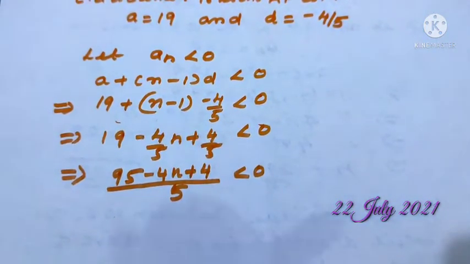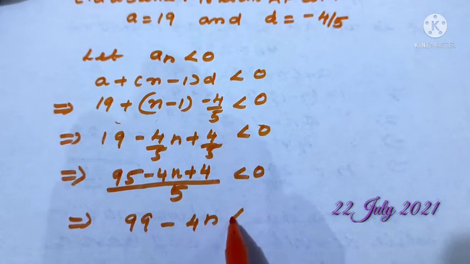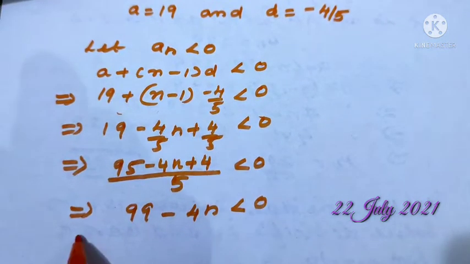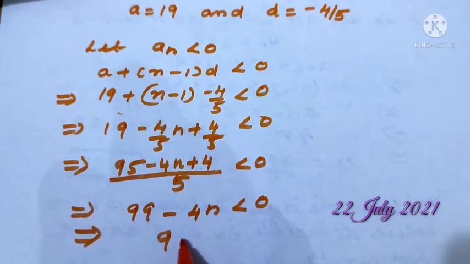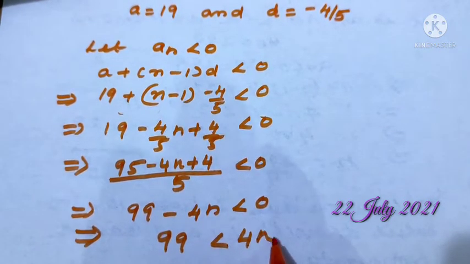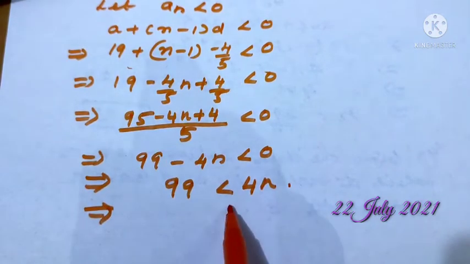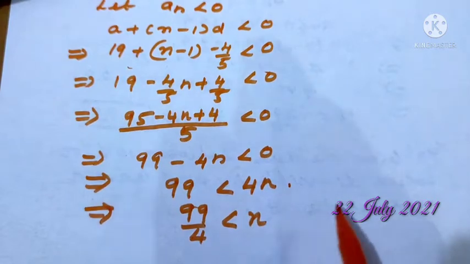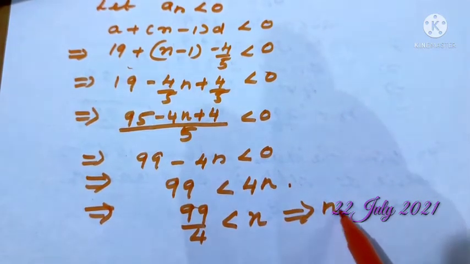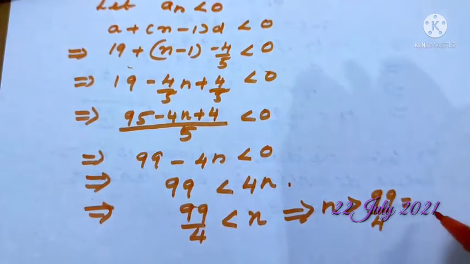That means 99 minus 4n less than 0 only. 99 less than 4n. So 99 by 4 less than n, or reading from this side, n greater than 99 by 4.